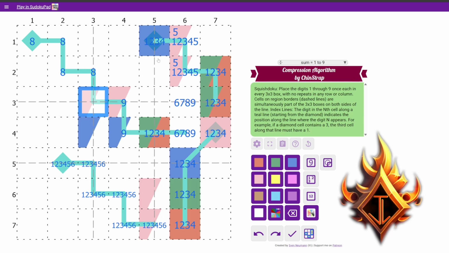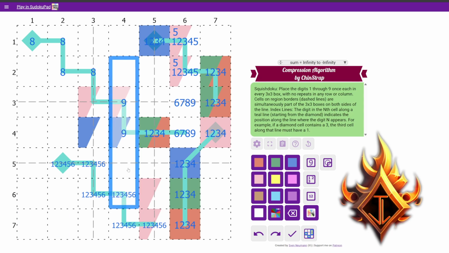It would also be in this box. It would also be in this box. It would also be in this box. And it would go in one of those. Which is fine, it looks like. Either way, these three are done.